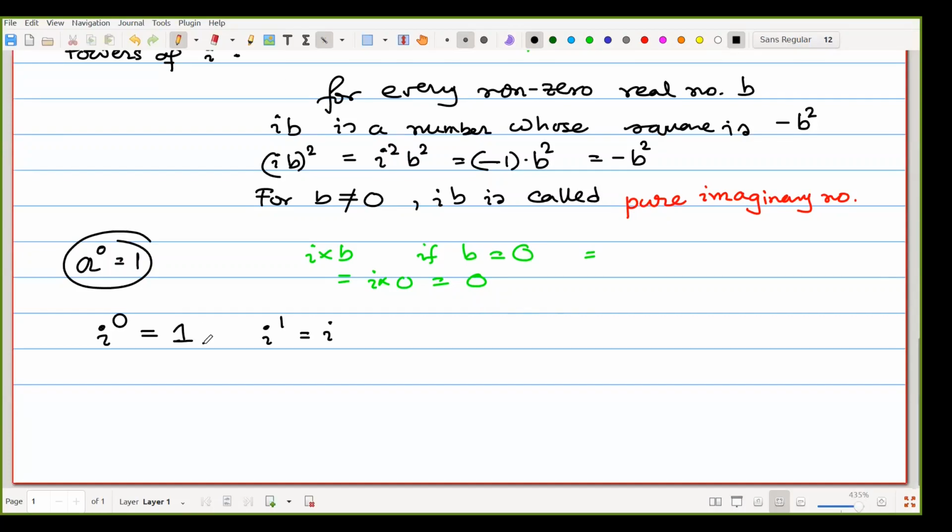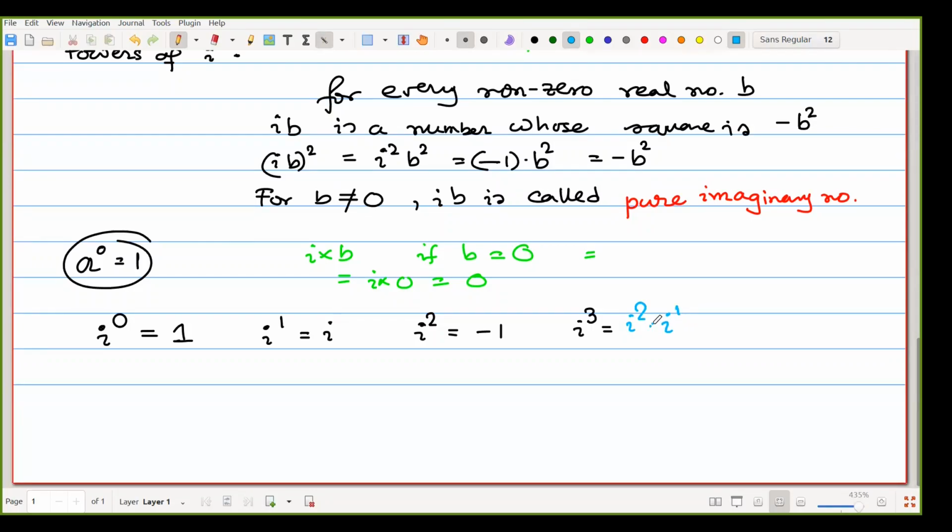Next one, i square. i square is equal to -1, we know it. Now i cube. i cube means we can write it as i square into i to the power 1.